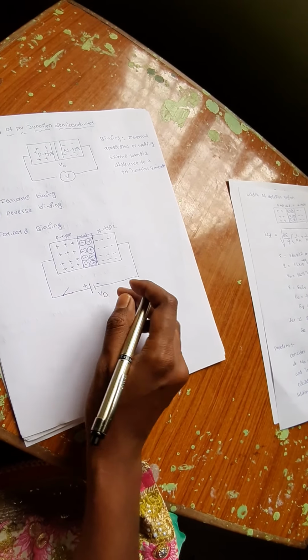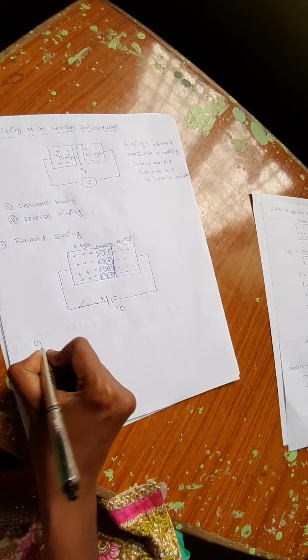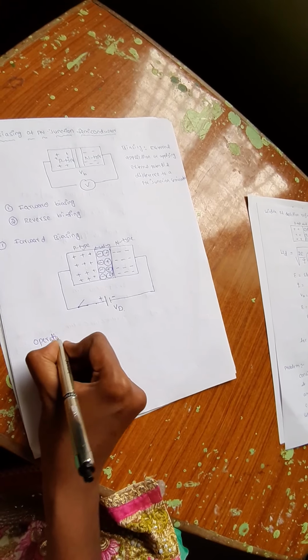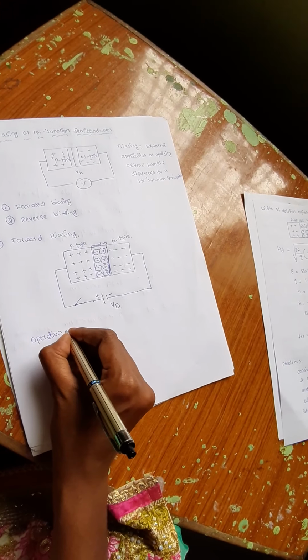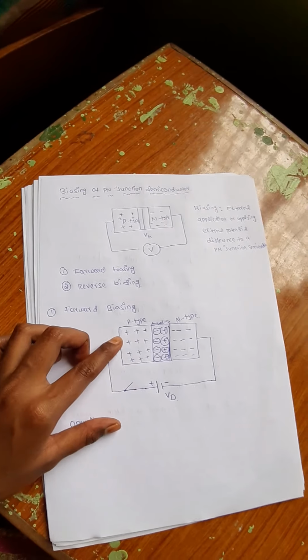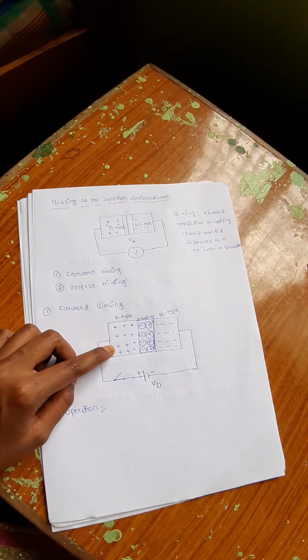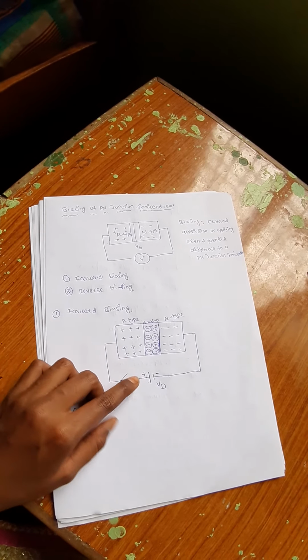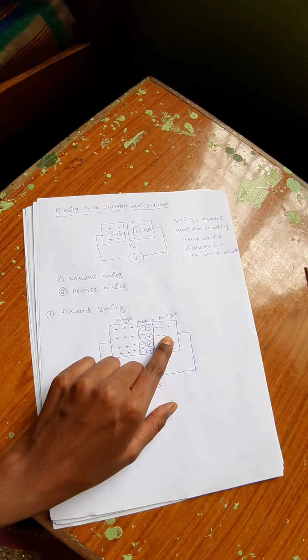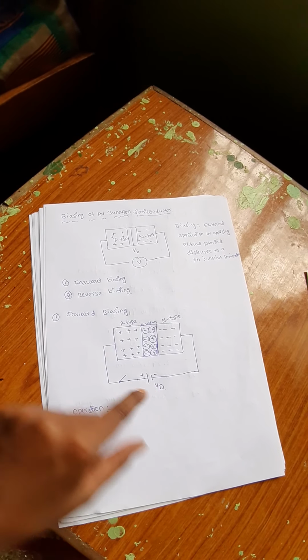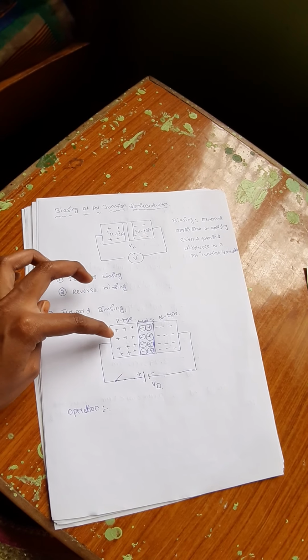Okay, so coming to the operation of this one, here we are connecting the p type semiconductor to the positive terminal, and the n type semiconductor to the negative terminal. So there is a pressure on the p side due to this positive terminal.